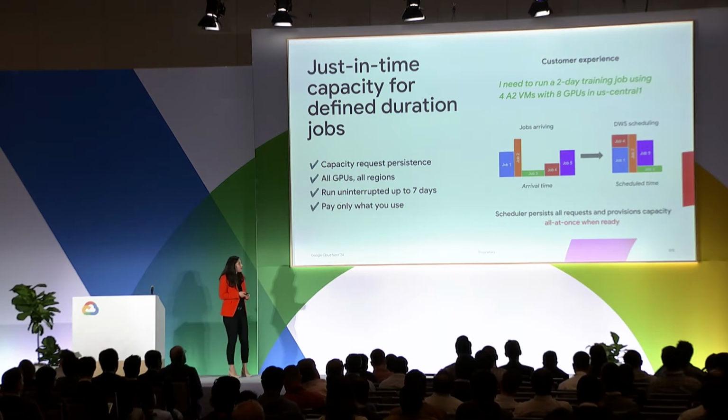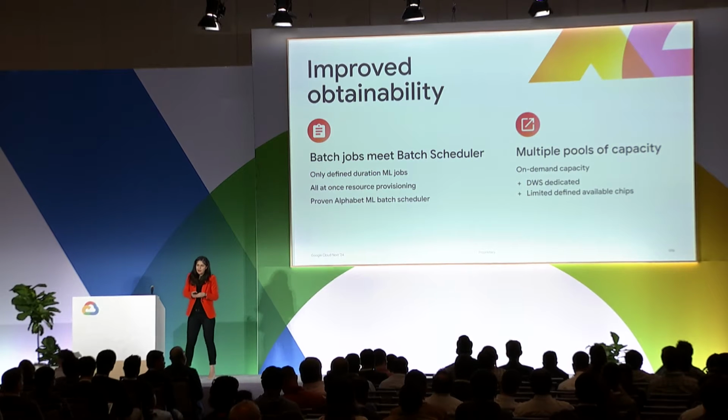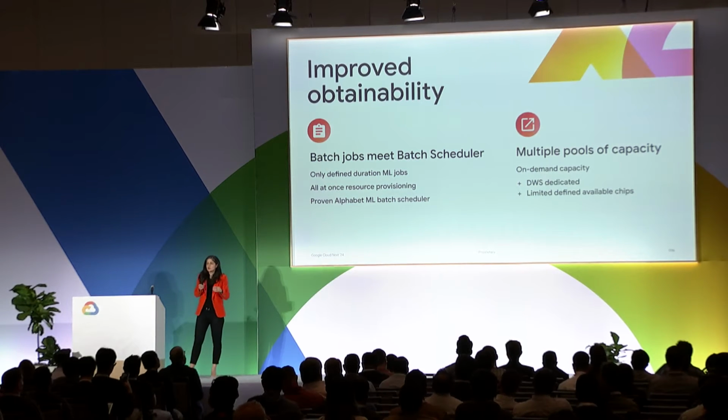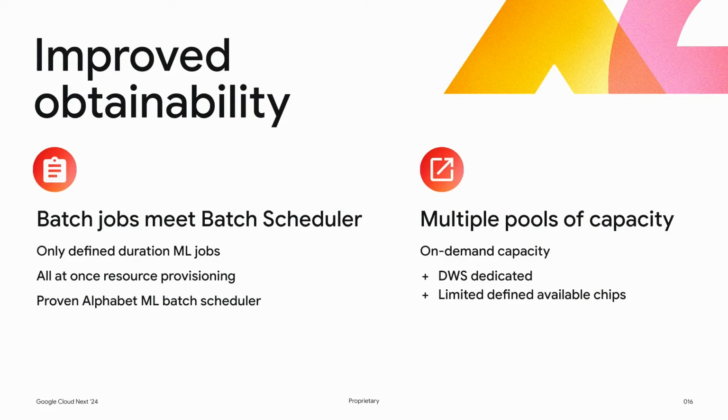Let's now talk about how we've improved obtainability. Why is this going to work much better than a traditional on-demand model? Obtainability is a function of 2 variables: how the demand presents itself and what supply we can make available to each request.